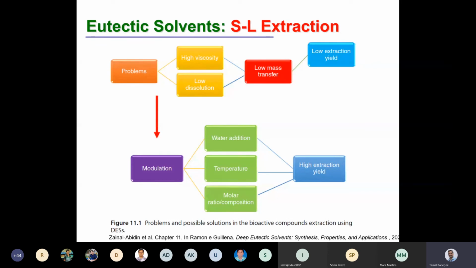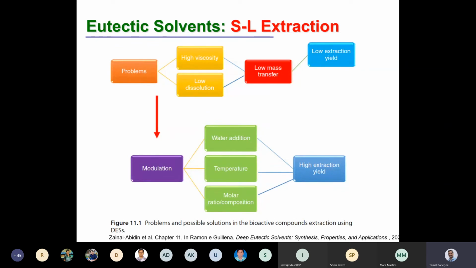Then with eutectic solvents, by measuring or altering the water addition, temperature, molar ratio, or composition of the eutectic solvents, you can increase and achieve a high extraction yield.